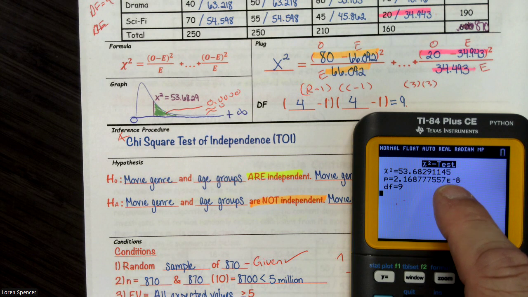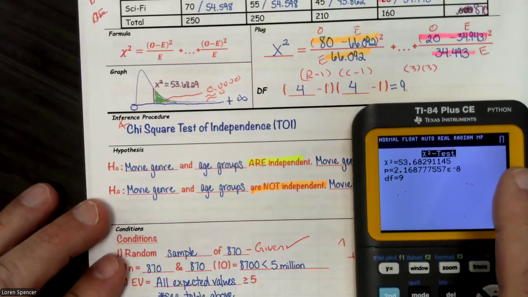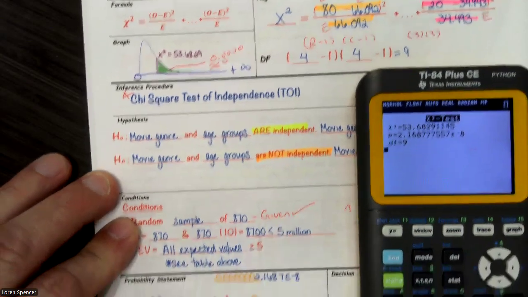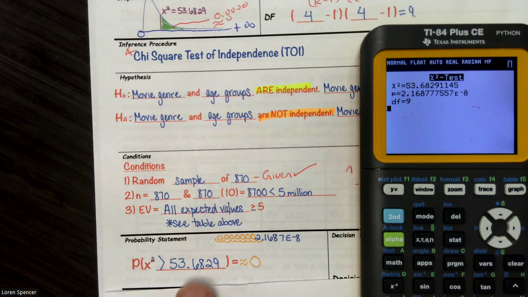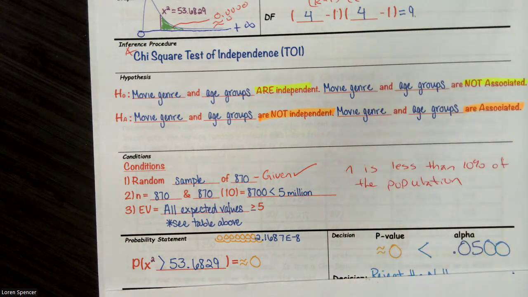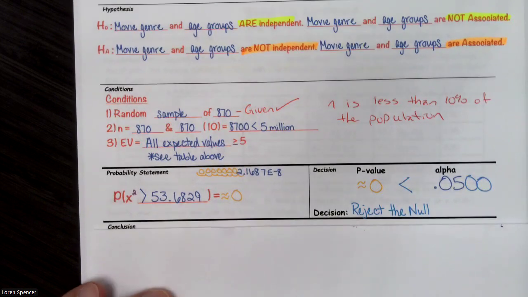And remember, check that E. If we have an E there, we need to put 4 zeros or more in front. In this case, we need 7 zeros. So the probability that our chi-squared is greater than 53.6 is approximately 0. Well, 0 is definitely less than our alpha, so we're going to reject our null.